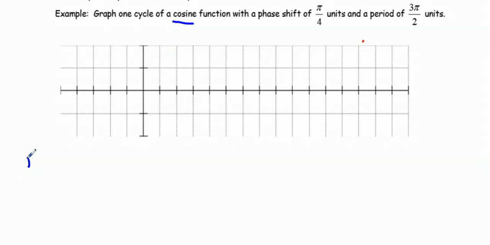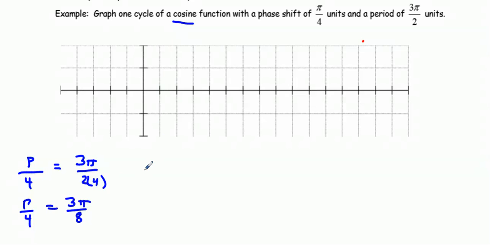When I write P over 4, I'm really talking about quarter period. I want to know what a quarter of the period of the graph is. So I'm going to take the original period, 3 pi by 2, and multiply it by 4 on the bottom. That's going to take 1/4 of it. So 1/4 of my period here is 3 pi by 8. That's the first thing I'm going to do.